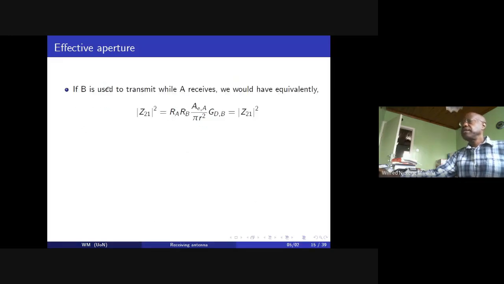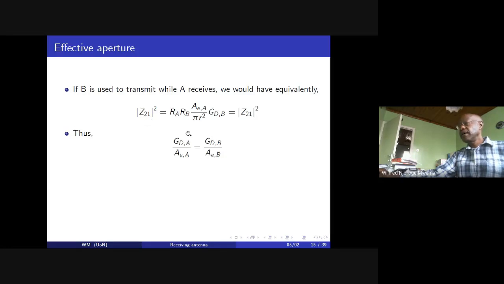So if B is used to transmit while A receives, then we would equivalently have Z_21, or Z_12 if you like, all squared, equal to R_A R_B, the effective aperture of A over pi R squared, multiplied by the directive gain of antenna B, and we get a value of that nature as well.